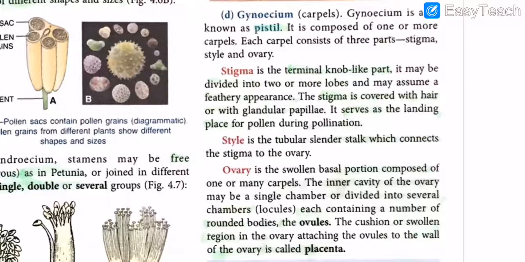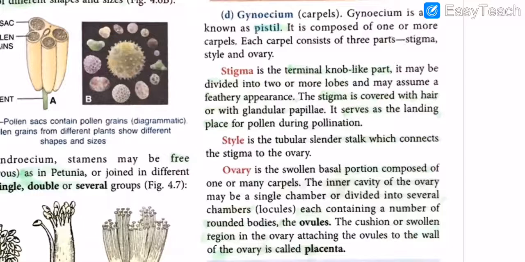Now, the stigma is the terminal knob-like part. Okay, it may be divided into two or more lobes and may assume a feathery appearance. The stigma is covered with hair or with glandular papillae. Okay, it serves as the landing place for pollen during pollination.